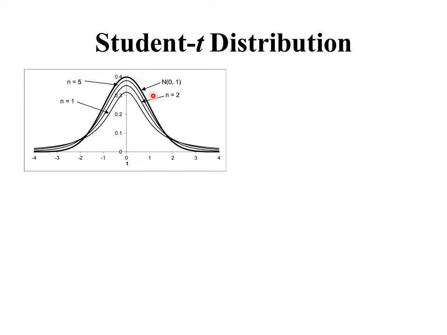In the student t distribution, we have these different degrees of freedom denoted n. And the student t density curve looks a little bit different for different degrees of freedom. They all look very similar to a bell curve, but there is a slight difference. So here's the student t density curve for n equals 1, for 2, and then for 5. And we can have any other degrees of freedom as well.